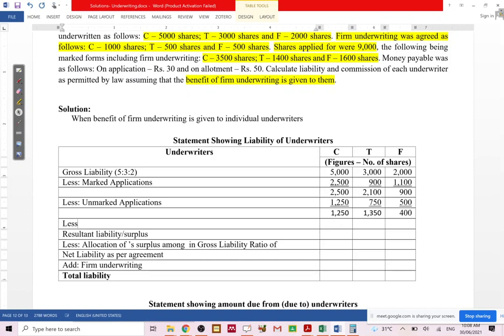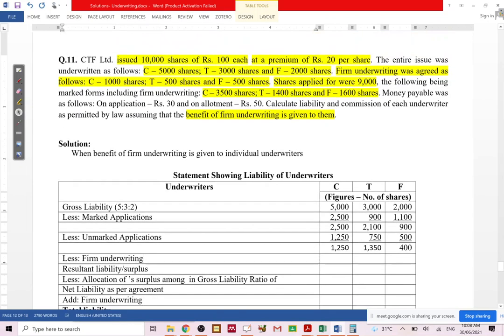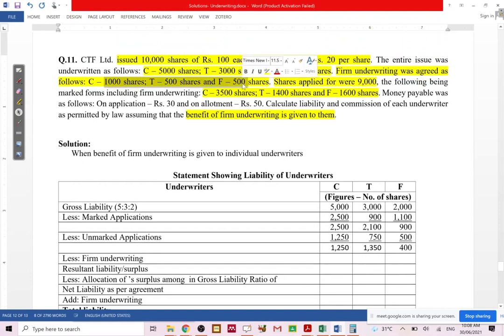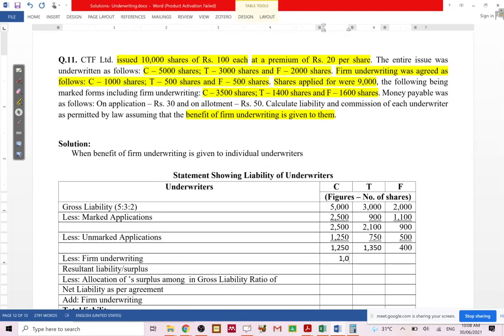From this, further minus the firm underwriting. So what we are doing now is, instead of taking all these firm underwriting shares and adding to the unmarked applications, which we do when benefit is not given, we are separately minusing each one's firm underwriting.